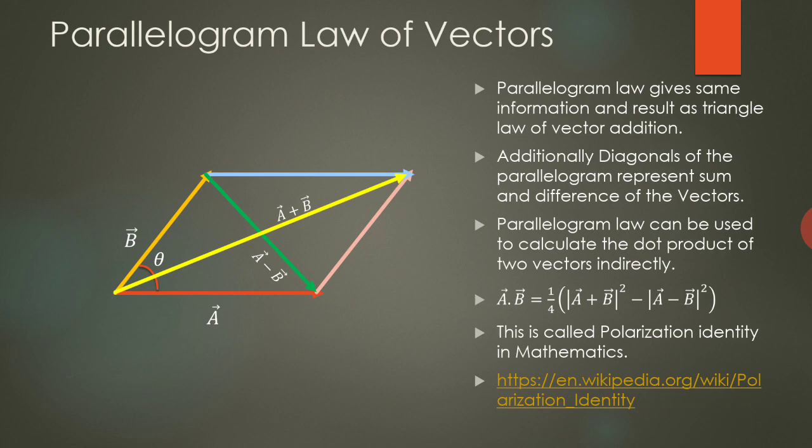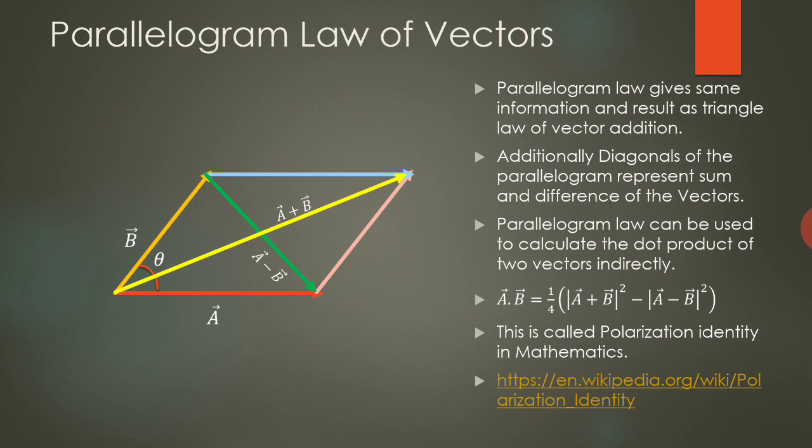One advantage of constructing the parallelogram is that one diagonal gives us the sum of the vectors, and the second diagonal gives us the difference of the vectors. Another most important advantage of the parallelogram law over the triangle law is that we can calculate the dot product of the two vectors just by calculating a plus b and a minus b, like this.